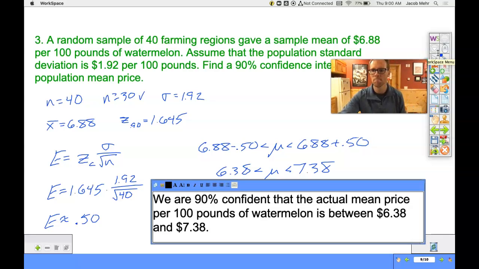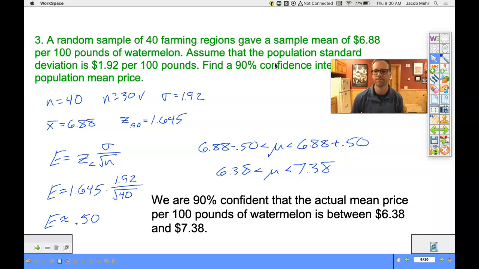Okay, and that's what we get to say. Now, there's a 10% chance that we're wrong, but we're 90% sure that the mean is between 6.38 and 7.38. Excellent.